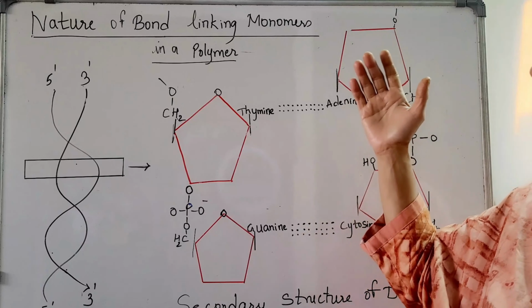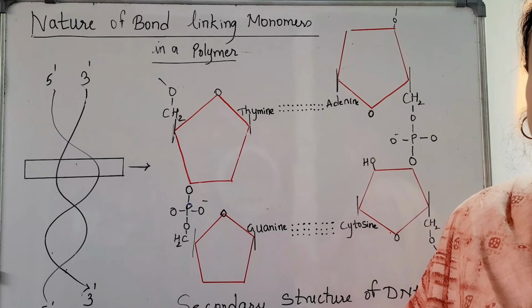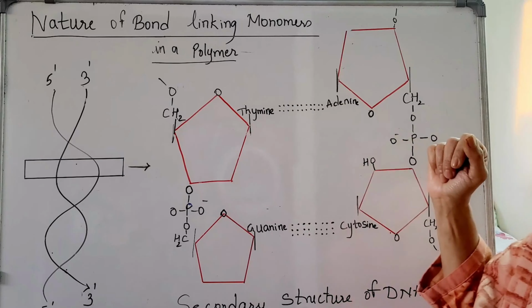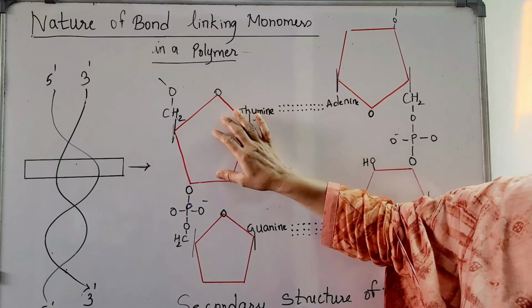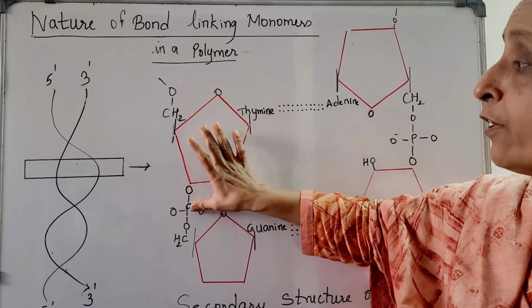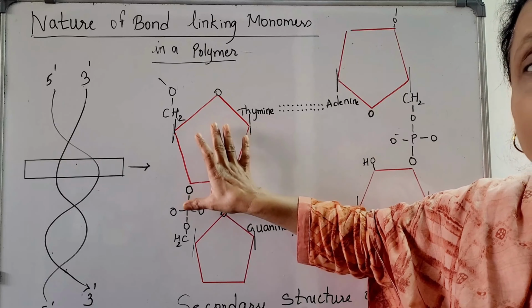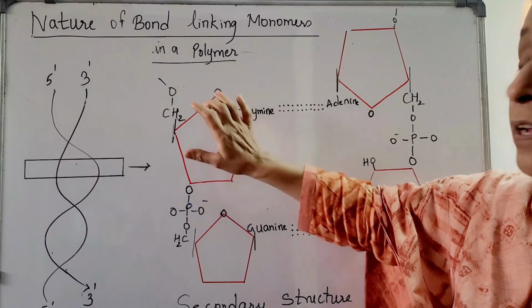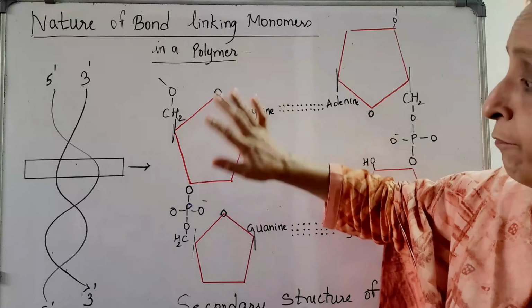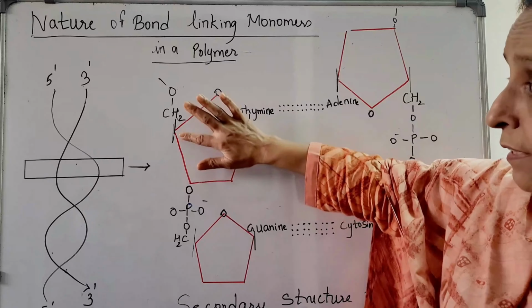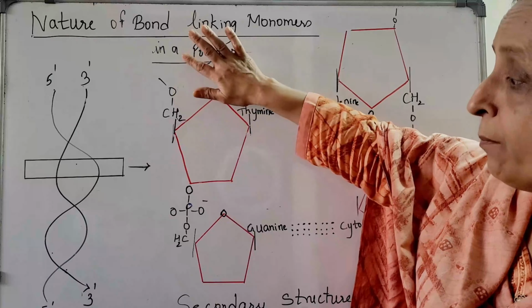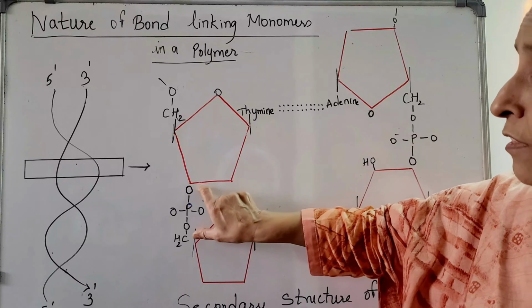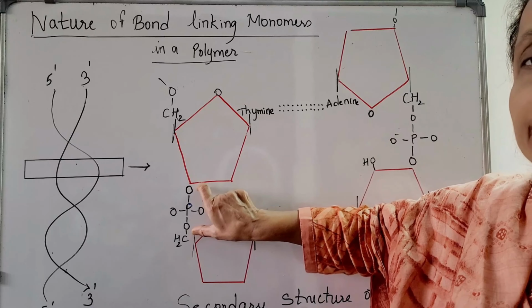Now the nucleic acid. Nucleic acid is made up of sugar and phosphate group. There's a bonding between the sugars. The third carbon and fifth carbon get attached and form the bond. You can see this fifth and third, there's a bonding which is formed.